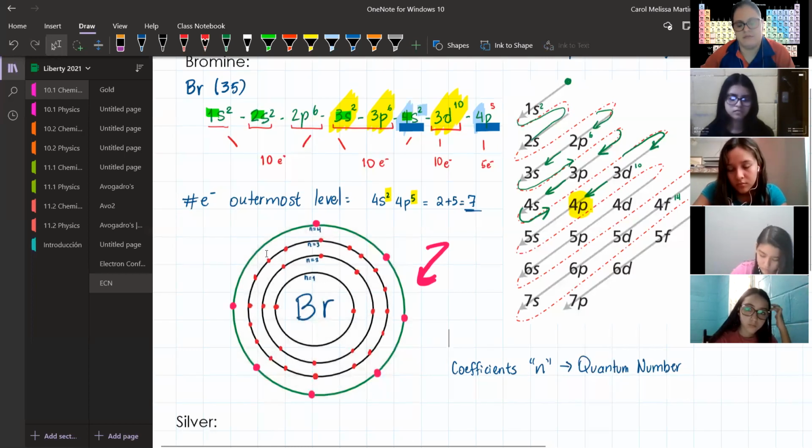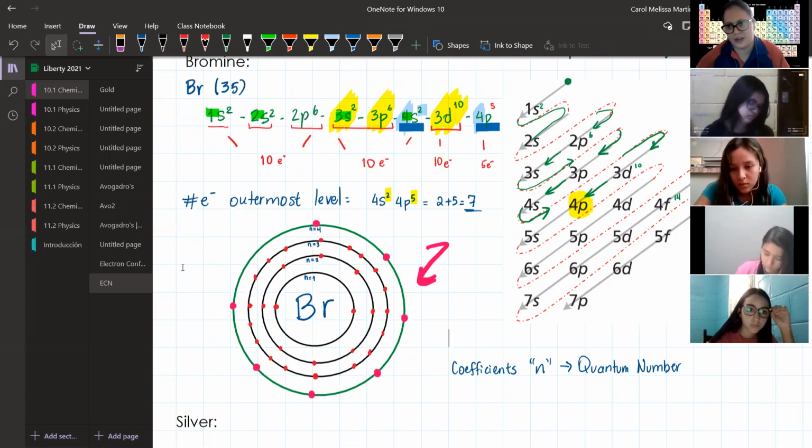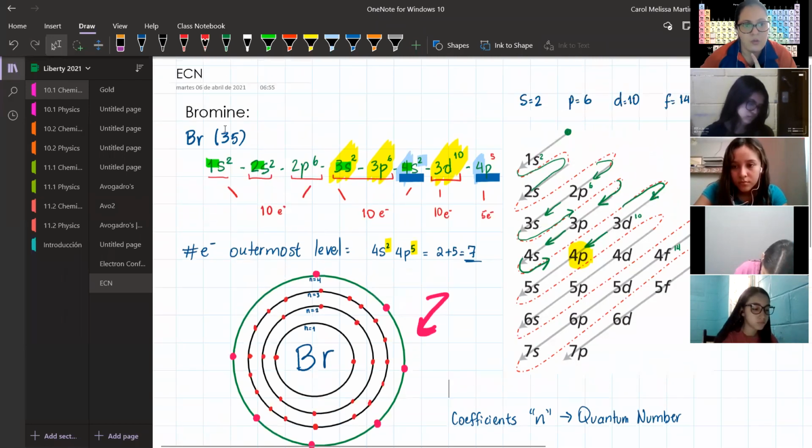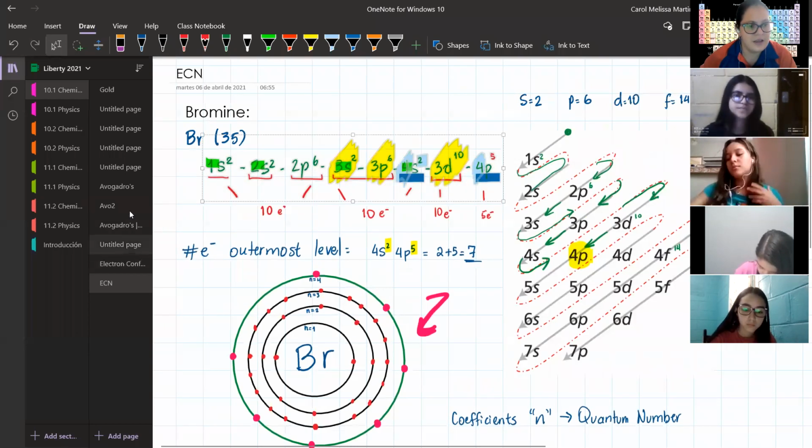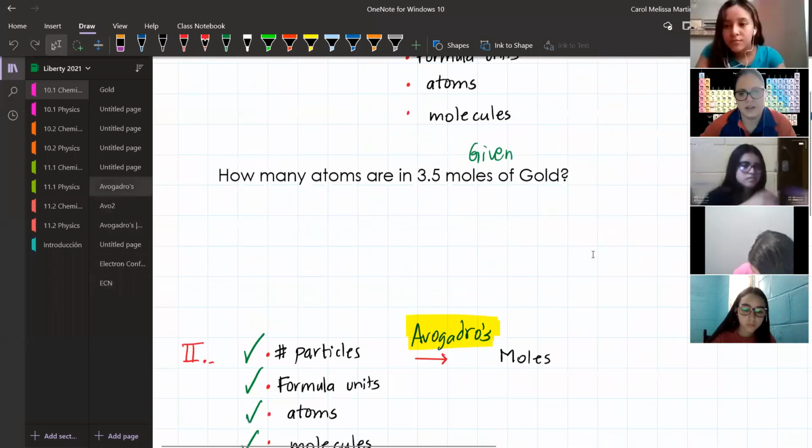Because this takes quite some time. So you're not going to do this in the quiz, but you will do it in the homework. So yes, you need to be paying attention. What you're going to do in the quiz is just this configuration that you see right here and the Avogadro's conversions that we did the weeks before.